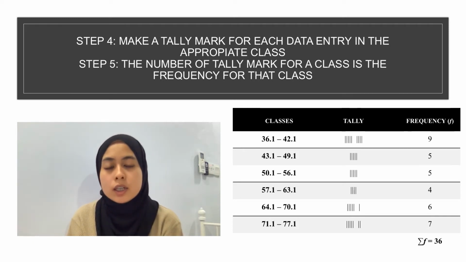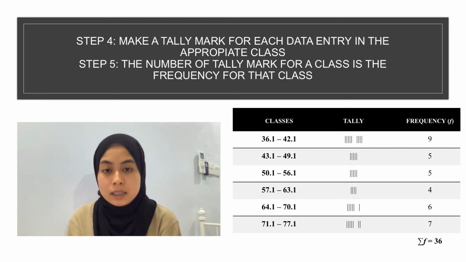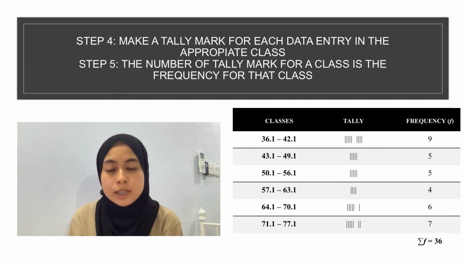So the next class, 43.1 to 49.1, frequency is 5. 50.1 to 56.1, frequency 5. 57.1 to 63.1, frequency is 4. 64.1 to 70.1, frequency is 6. 71.1 to 77.1, frequency 7.